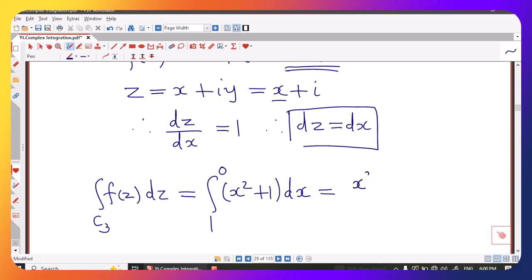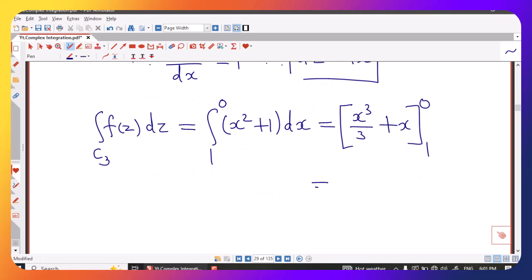Then this is a simple integral, x cube by 3 plus x, limits of x are from 1 to 0. For upper limit x equal to 0 will give us 0, minus for x equal to 1 we have 1 by 3 plus 1, and this is minus 4 by 3.